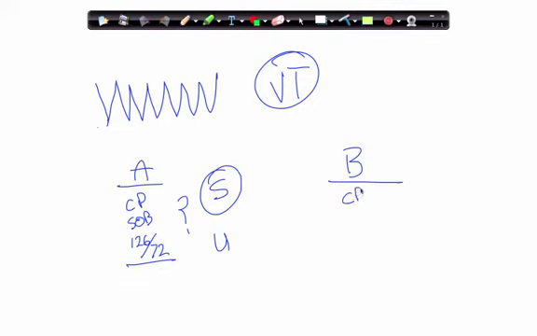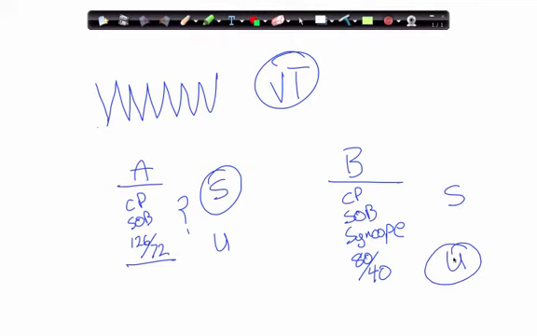Patient B has chest pain, shortness of breath, syncope, with a blood pressure of 80/40. Again, same question. We have a wide complex tachycardia. Is the patient stable or unstable? And the answer is they're unstable.